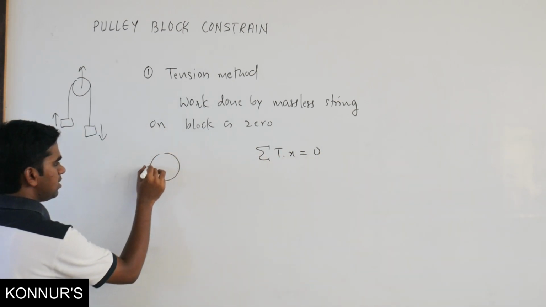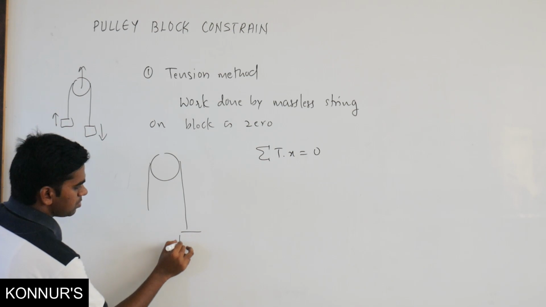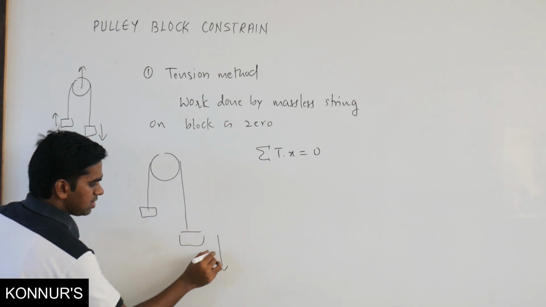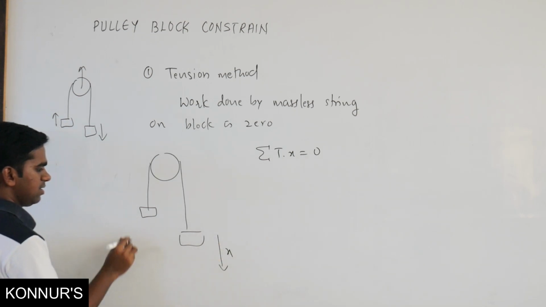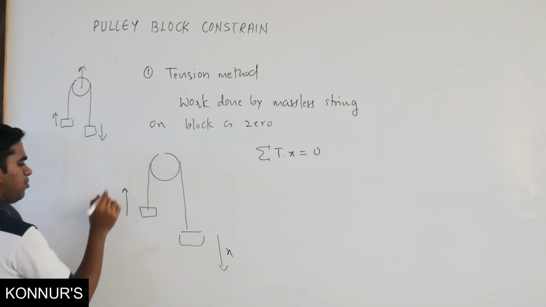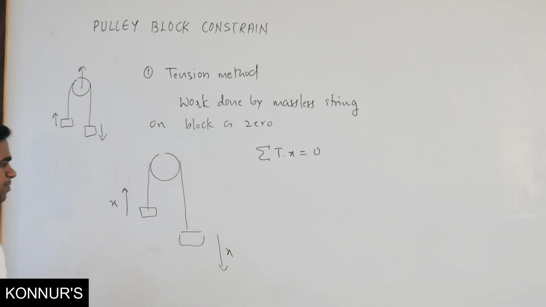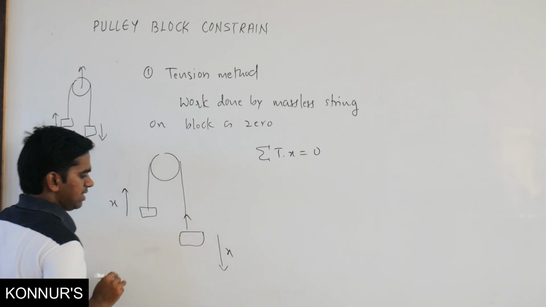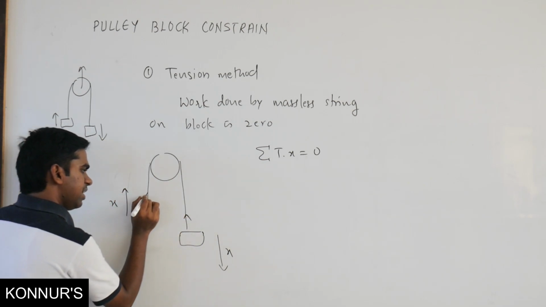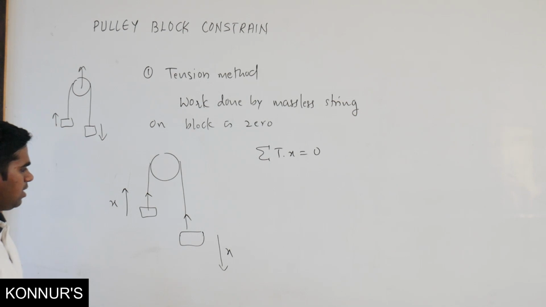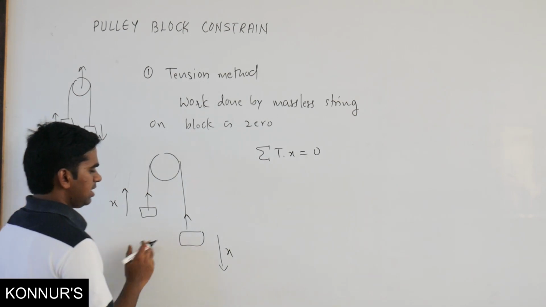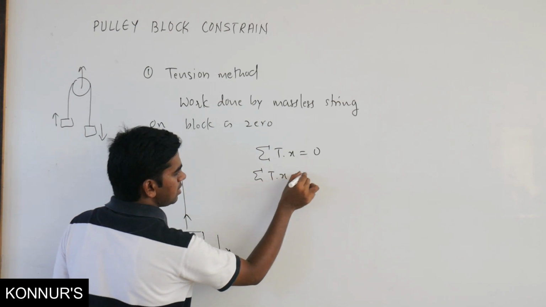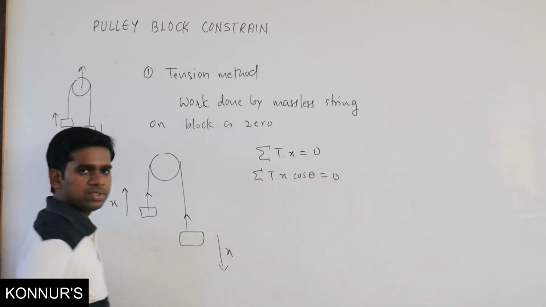Suppose your pulley is here and one mass is going here, another mass is moving here. If one mass moves by a distance x in the downward direction, the other will move in the upward direction by the same distance x, with the help of tension. Tension here is in the upward direction, and tension here is again in the upward direction only. Now, work done, T dot x, means Tx cos theta equals 0.